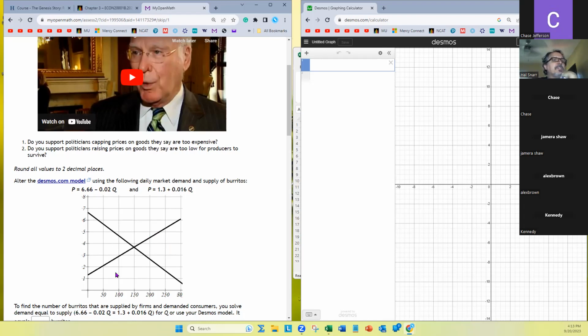Now, if the price instead were like, say, $2, if firms were charging $2, right, then the demand would be high, right? So if the price were $2, the demand would be about 230, 240. But firms would only be supplying maybe 45, right? Now, what do we call that?